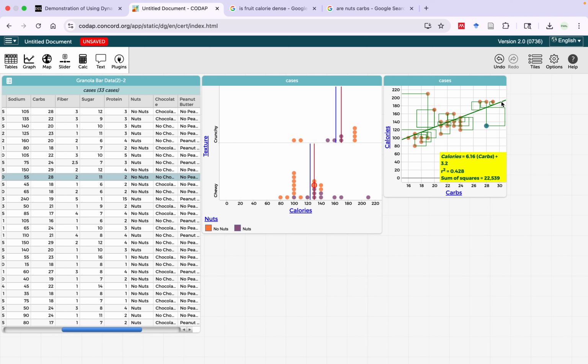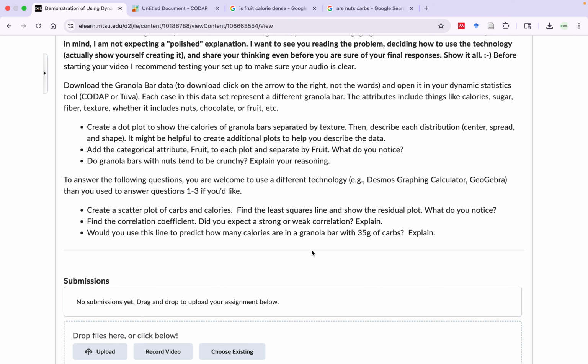Yes, I would. Well, the R squared is how much it directly impacts it. Yeah, I'd use it to predict. Why would I use it to predict?